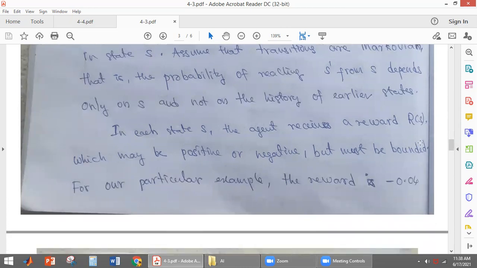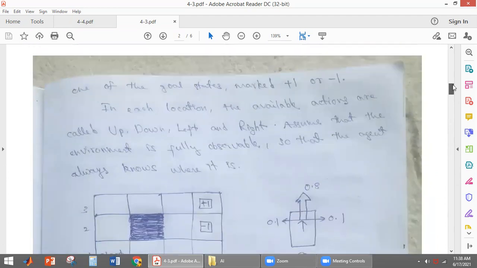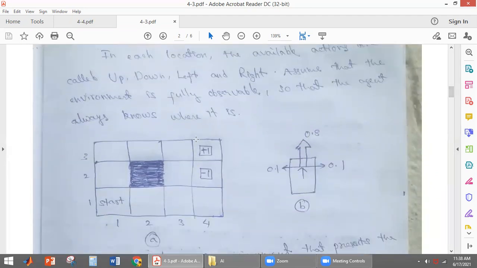Here we have discussed that there are two goal states. Whenever the agent reaches this particular goal state, the reward it receives is +1.